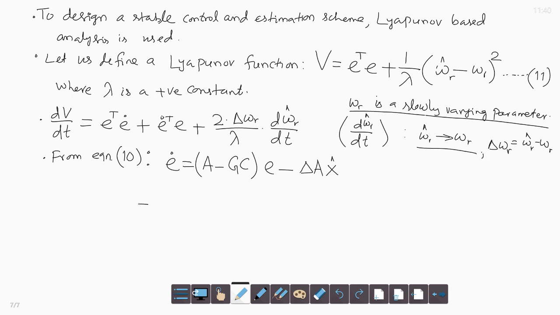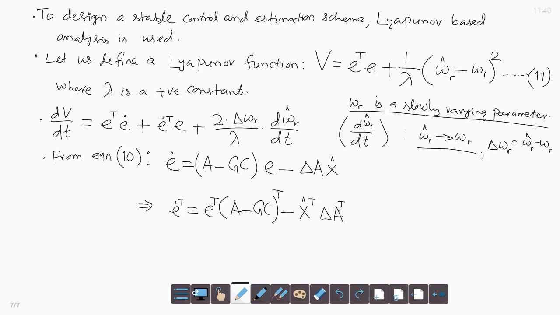So this implies E transpose dot is E transpose into A minus GC transpose, minus x hat transpose into delta A transpose. This is the transpose.